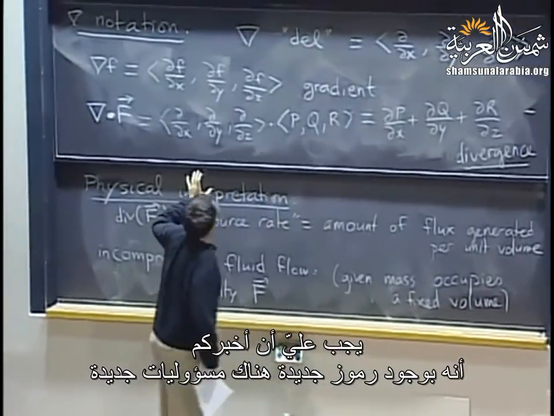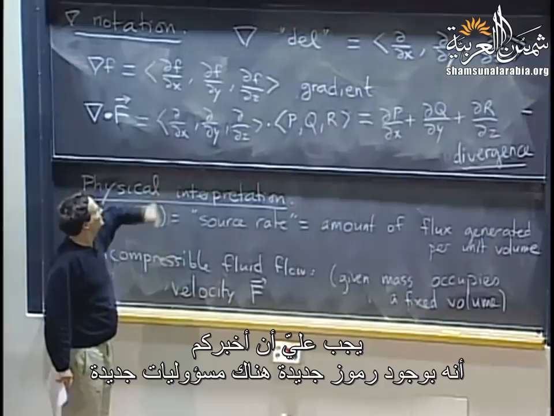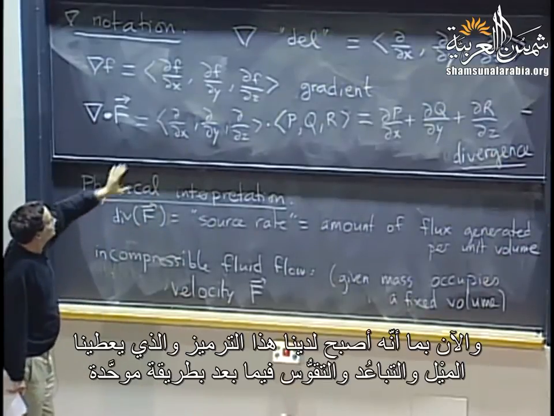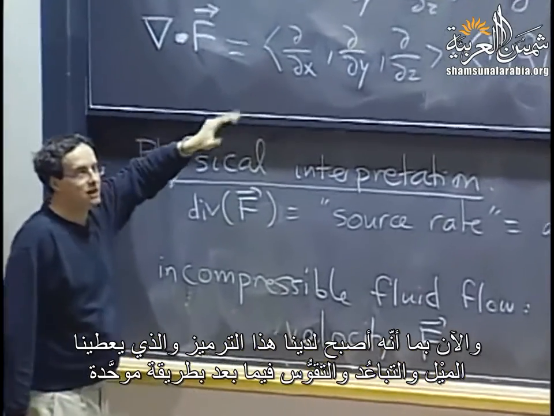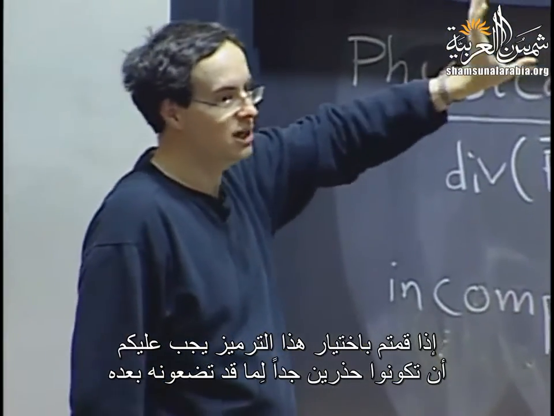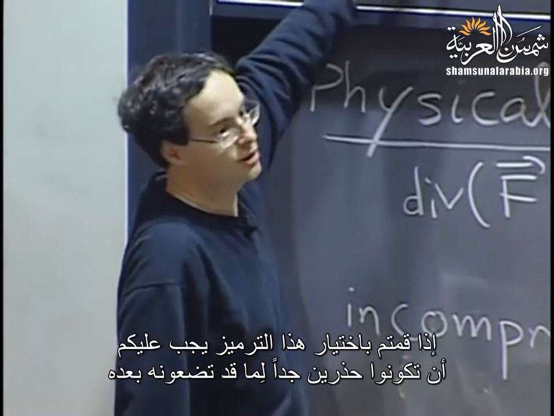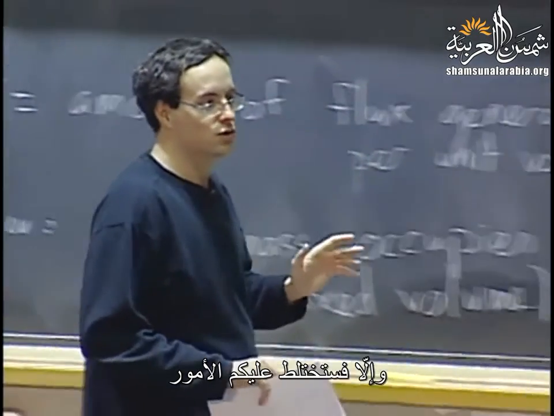I should have said, with new notations comes new responsibility. Now that we have this nice nifty notation that will let us do gradient, divergence, and later curl in a unified way, if you choose to use this notation, you have to be really, really careful what you put after it. Otherwise, it's easy to get completely confused.